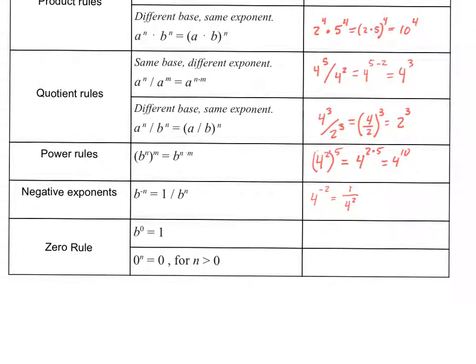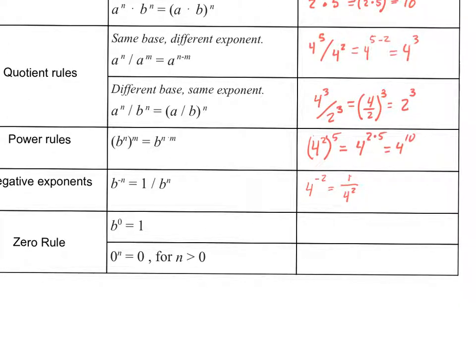Not 0, it gives you 1. We actually did a proof for it that I expect you to copy at the end of this video. So if you have 4 to the 0 power, you get 1. 8 to the 0 power, you get 1. 100 to the 0 power, you get 1.